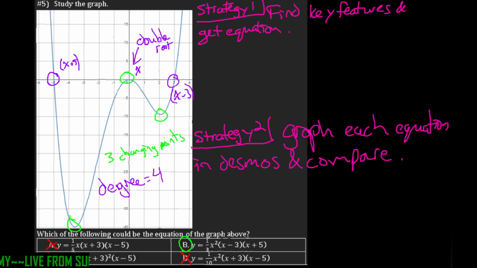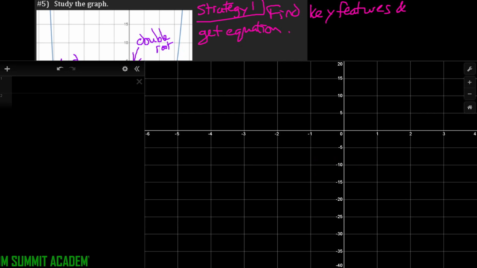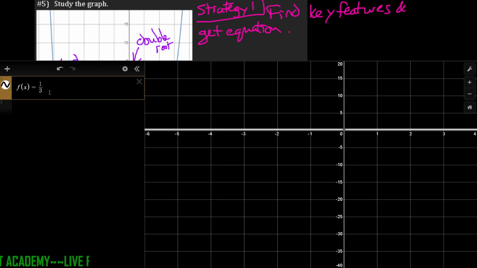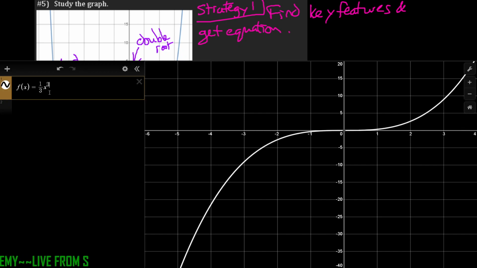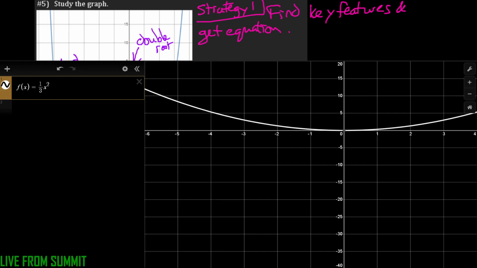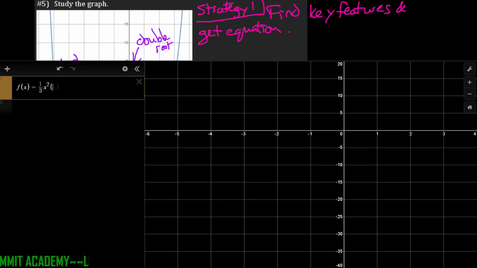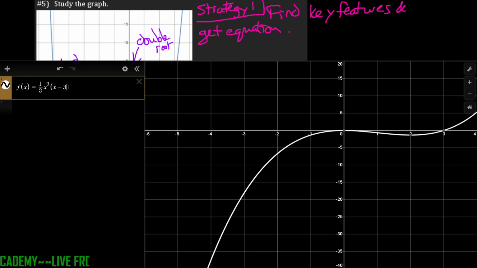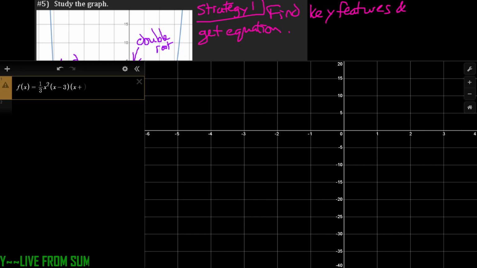So let's pull up Desmos again. So I have f of x equals, get that function back. It says 1/3 times x squared, and then x minus 3, x plus 5.